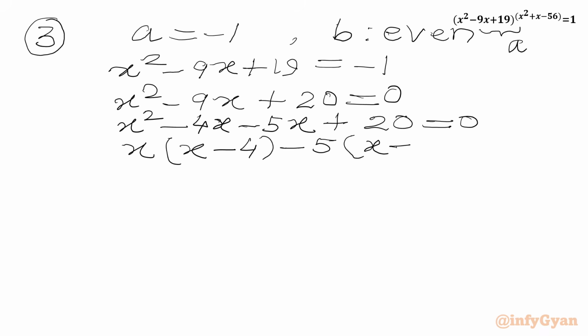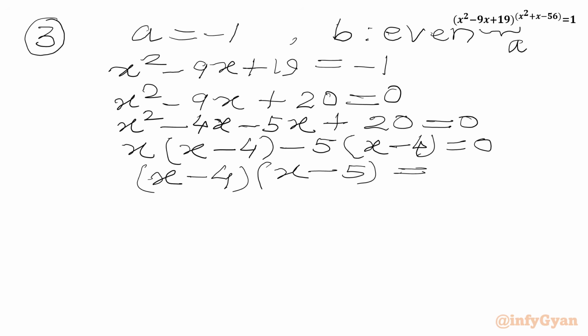We will get x minus 4 in the bracket equal to 0. So we will take x minus 4 common out. In other bracket we will write x minus 5 equal to 0. Using product 0 rule, we can write x would be 4, x would be 5.